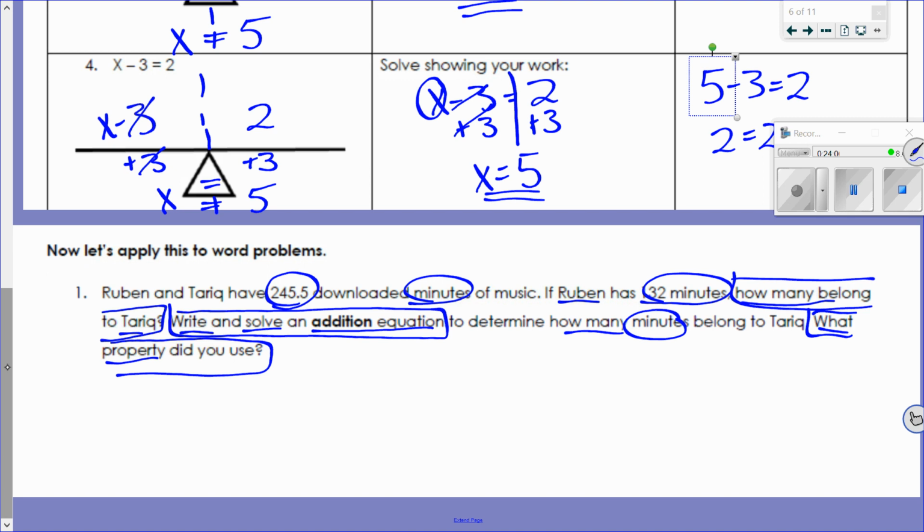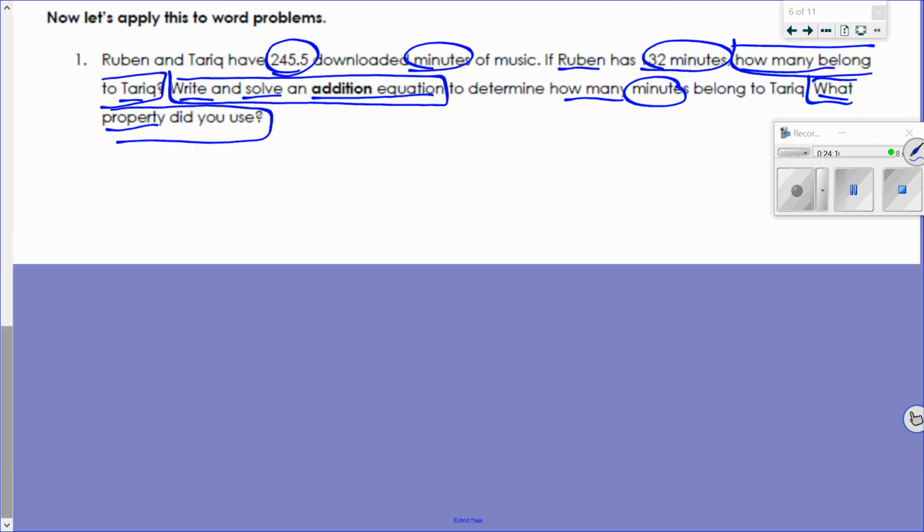Now, here's why this is so important. Because if I just write any equation, am I guaranteed to be right? No. Why not?